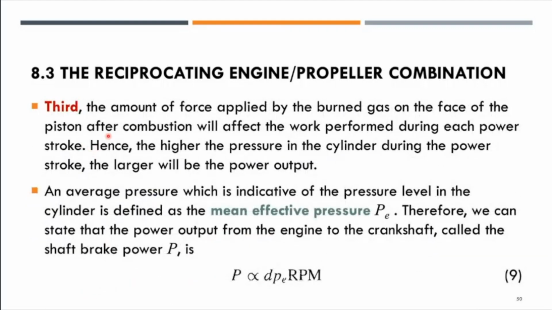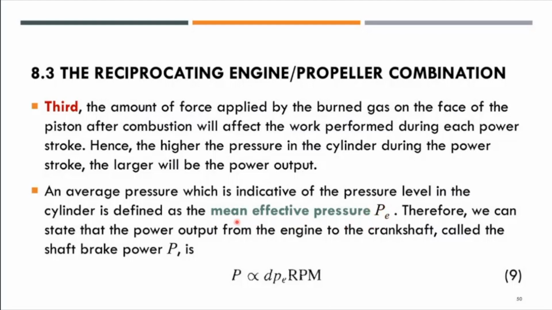The third aspect is that the amount of force applied by the burnt gas on the face of the piston after combustion will affect the work performed during each power stroke. The higher the pressure in the cylinder during the power stroke, the larger the power output. The average pressure, which is indicative of the pressure level in the cylinder, is defined as PE. What is PE?